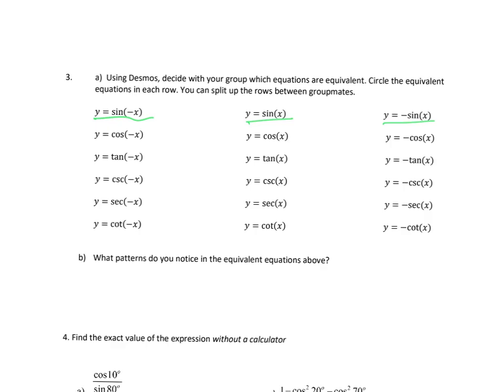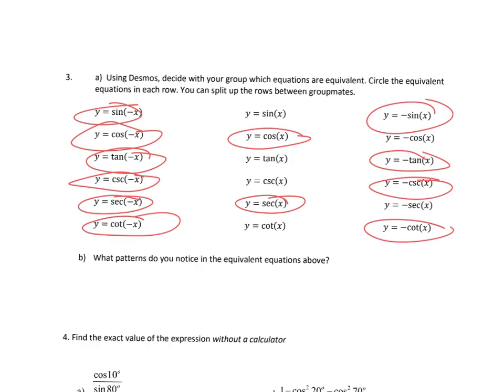Circle those. You're going to do that for each of these rows, and there will always be two equations that match up. So go ahead and do that, pause this video, and then you can come back and check your work.